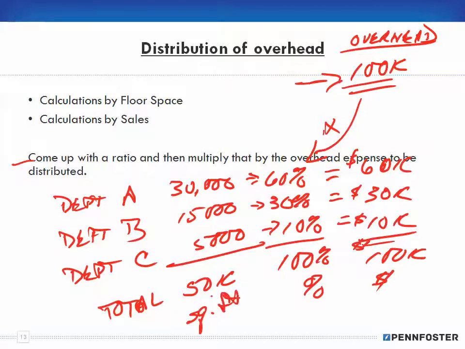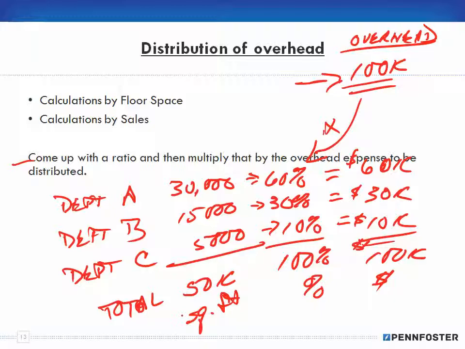So that's how you do the square feet, but the calculations for sales are exactly the same, except we're talking about dollar amounts for sales instead of floor space. We're just distributing against a set metric that we've determined for our particular business. It doesn't have to be floor space, it doesn't have to be sales, it could be something else. That all depends upon the business itself, but the concept is still the same.